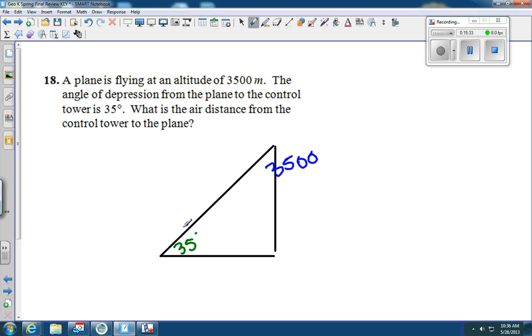What is the air distance? So this is the air distance, okay, from the control tower to the plane. So here's your control tower to the plane. So I'm going to say tangent of 15. Sorry, sine. I was looking at the wrong problem. Hypotenuse and opposite.